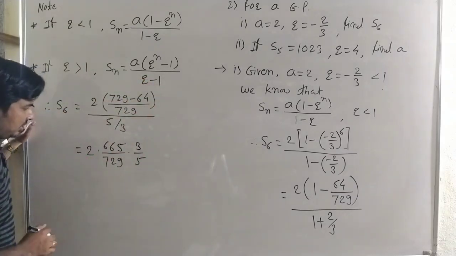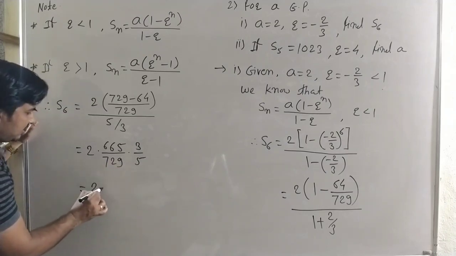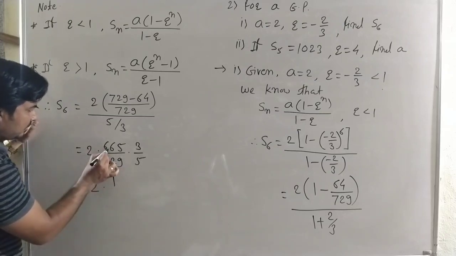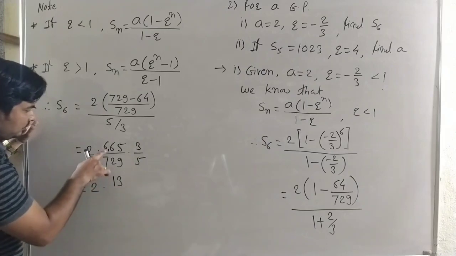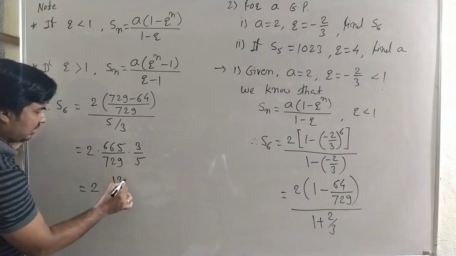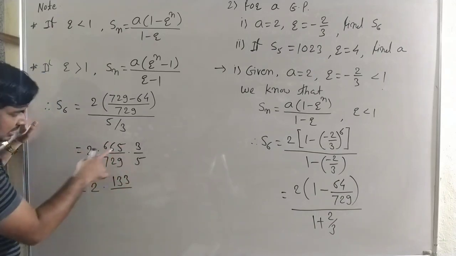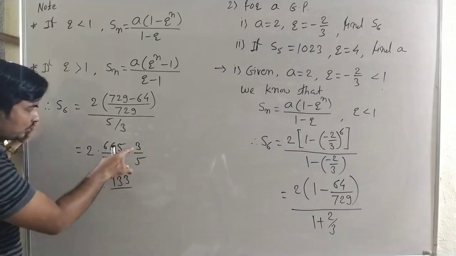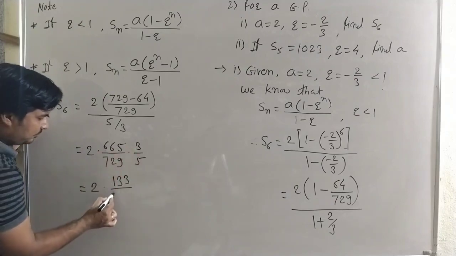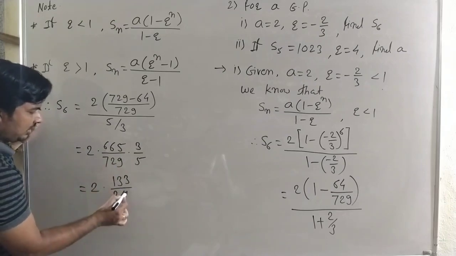Now the calculation is: 2 as it is, and 665 divided by 5 is 133. Then 3 divided by 729 gives 243.